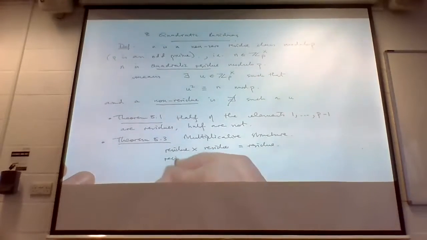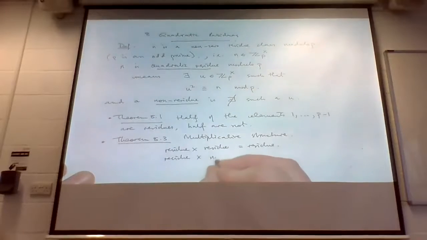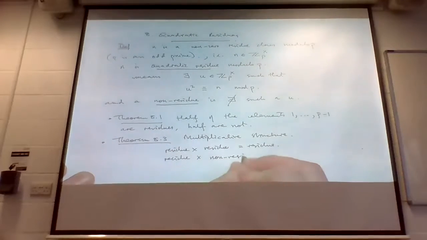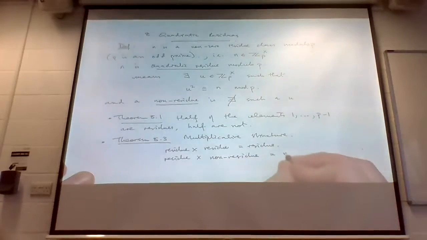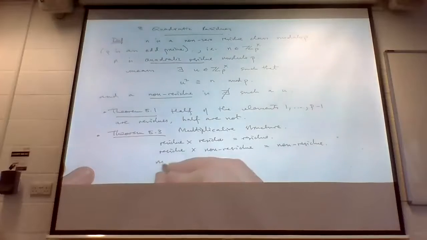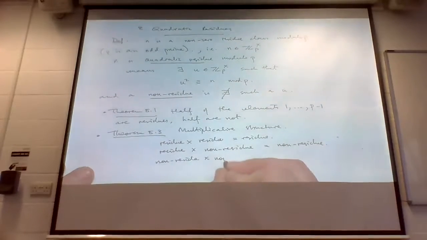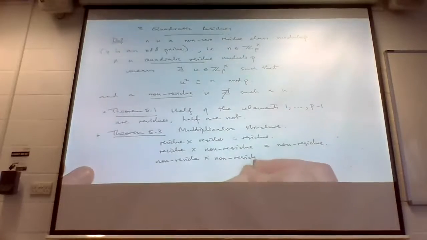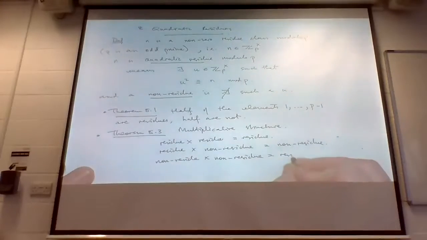If you take a residue and multiply it by a non-residue, you get a non-residue. And finally, if you take two non-residues and multiply them, which is what we were proving at the end of the last lecture, you get a residue.